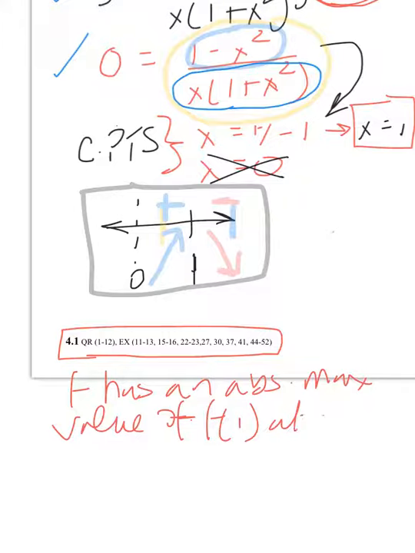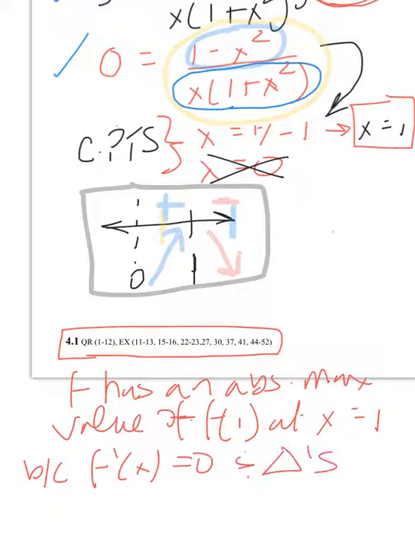At x is equal to 1, and here comes my statement, because the derivative is equal to 0 and it changes signs from positive to negative.